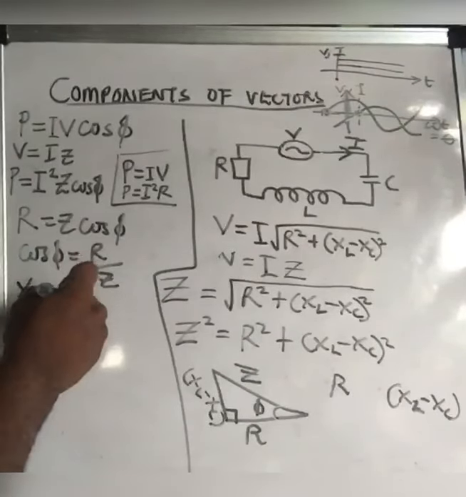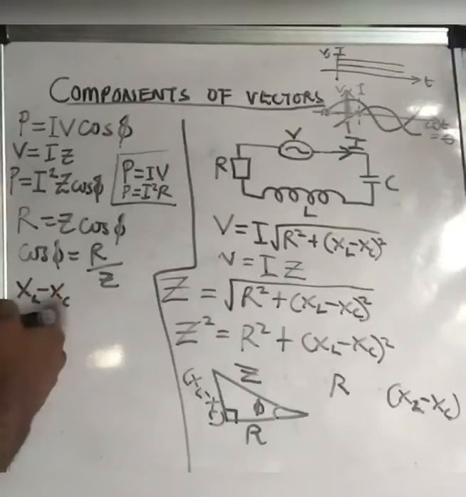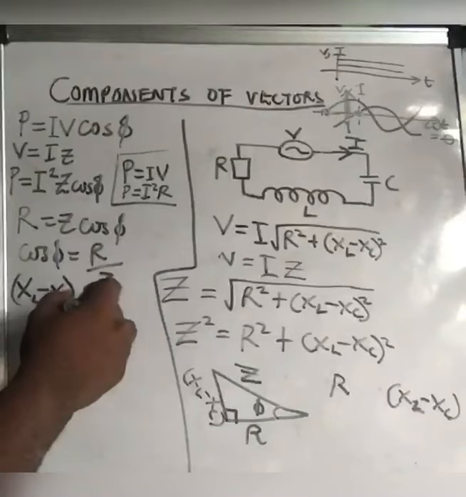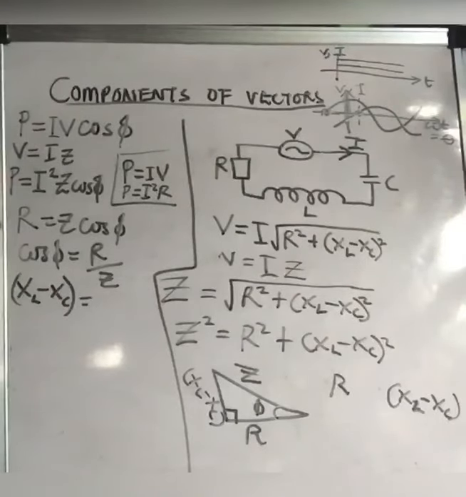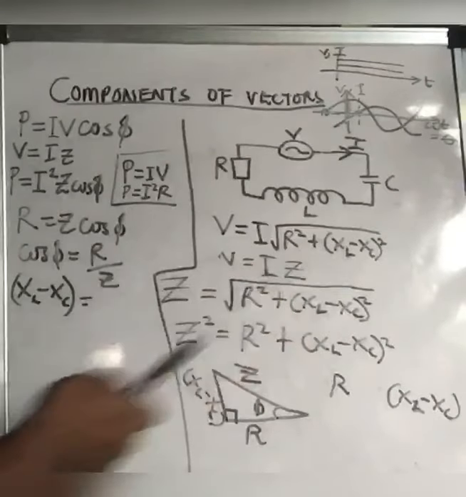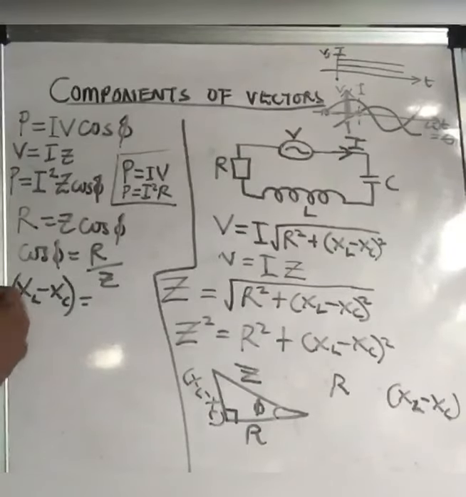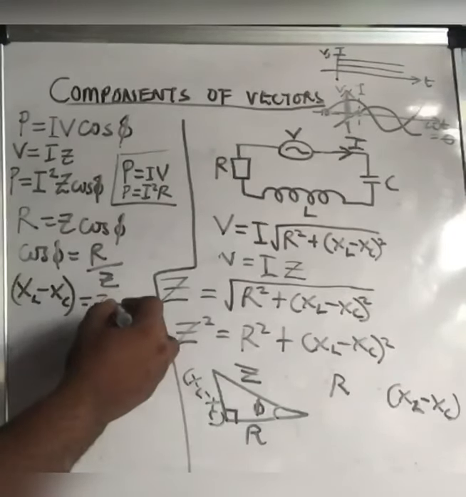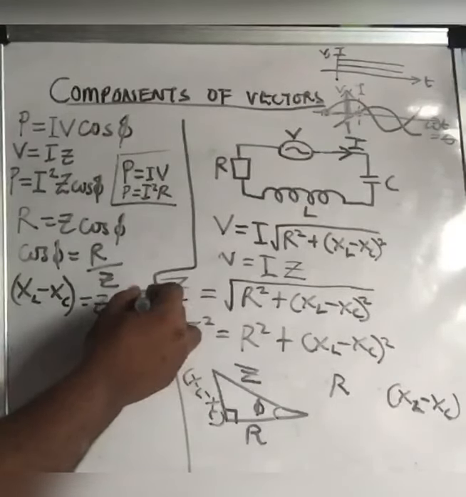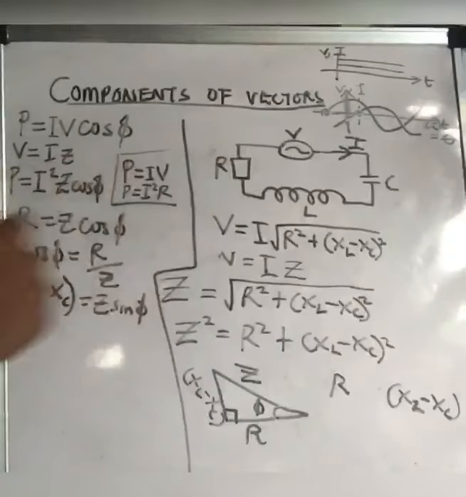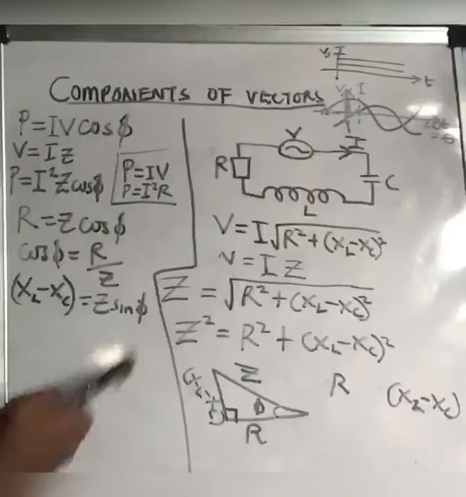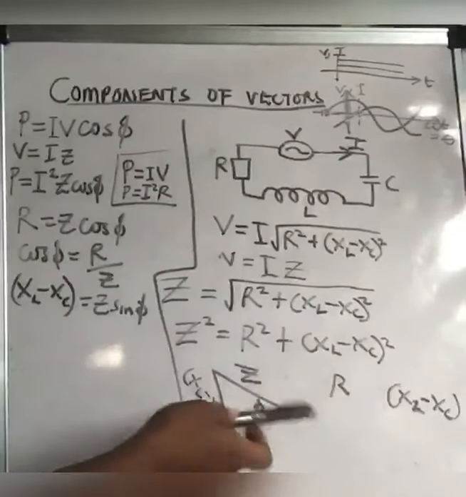This inductive and capacitive reactance, we can call it total reactance, since the impedance is the total resistance, and this should be the total reactance. Anyways, this is the sine component of Z. Simple. So we have our components for the resistance.